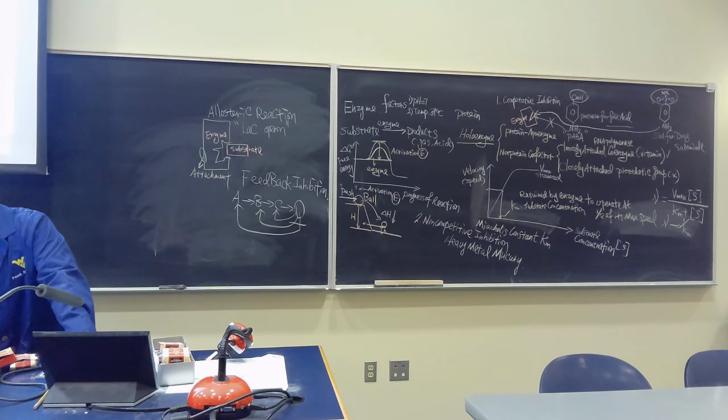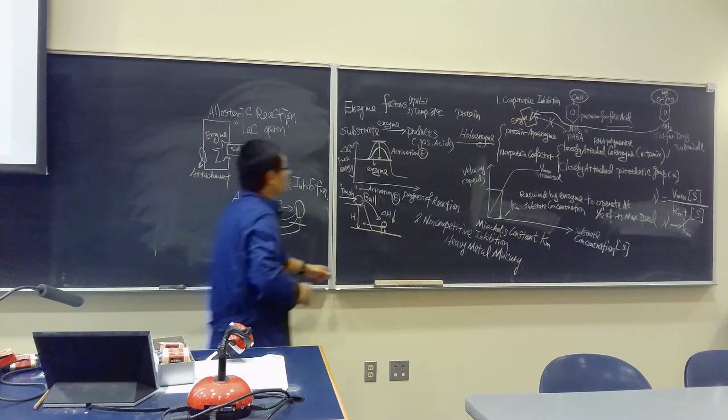Then we're going to move on to a big class today. We are going to talk about some biochemistry. Okay. So this is what we have, and then we have to take all these out.